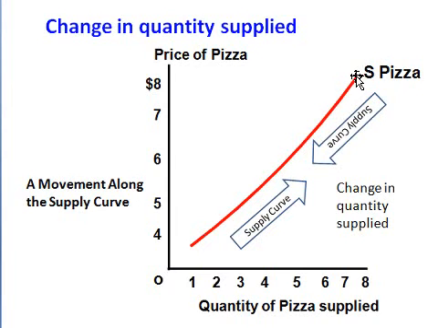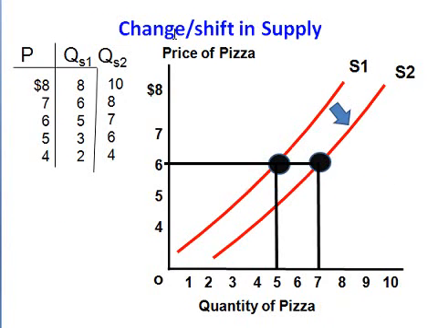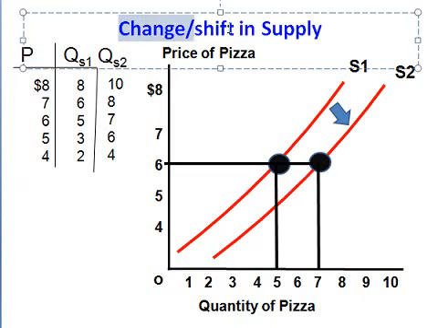It is happening on the line, and we call it change in quantity supplied. Here price is the only factor for taking a decision by the producer or supplier. Okay, then what about the second one, change or shift in supply?